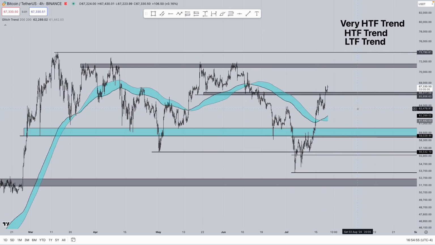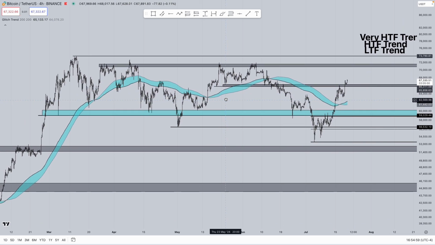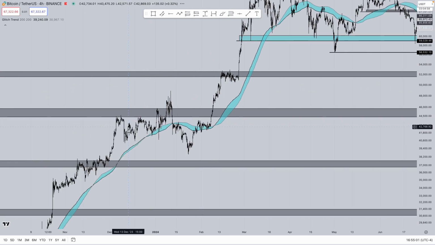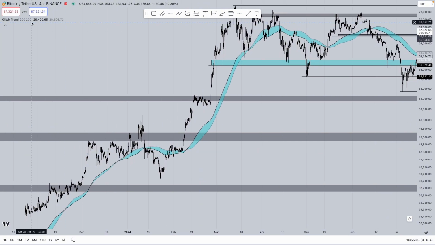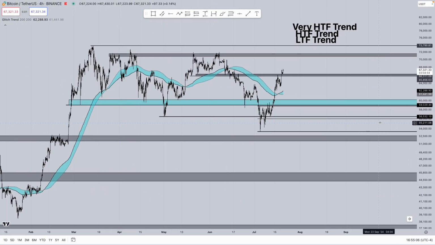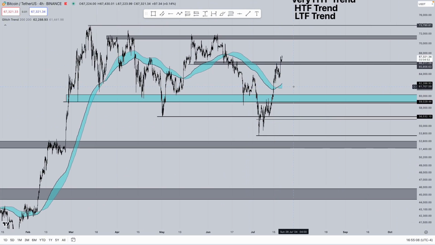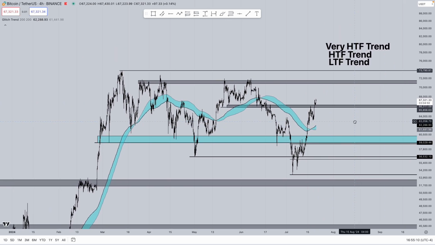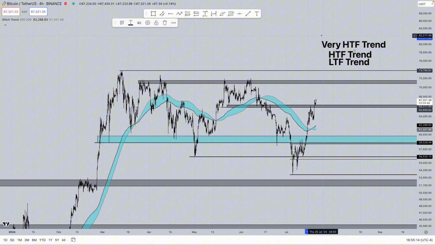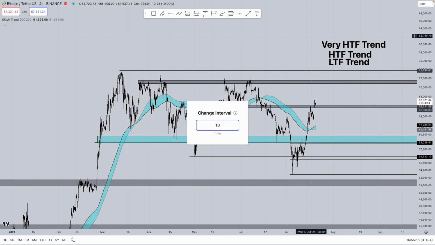And what you want to do is simply switch time frames until you find which trend this market is respecting. So we're just using Bitcoin as an example here. So let's try to find what trend this is respecting. So starting off here with the very high time frame trend. The very high time frame trend is likely going to be on the daily time frame.